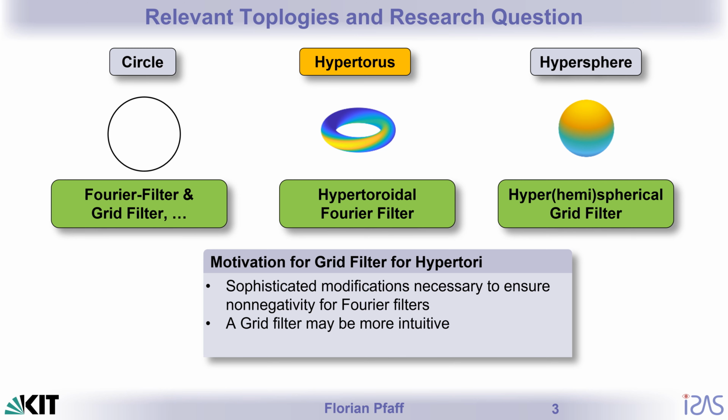Second, a grid filter may actually be more intuitive because the values at the grid points may relate to the function values of the density. Lastly, the non-negativity is easier to maintain in this, as you will see in the coming slides.